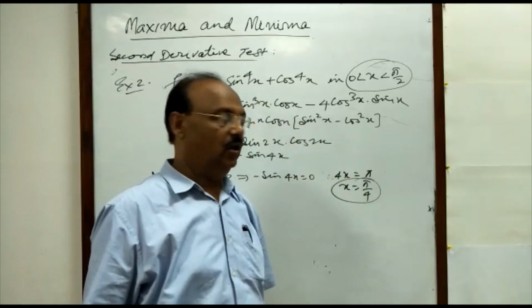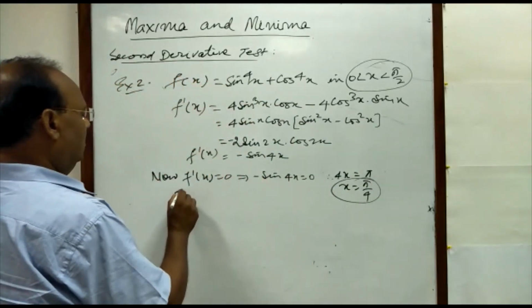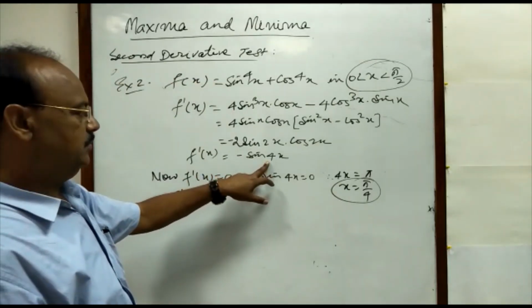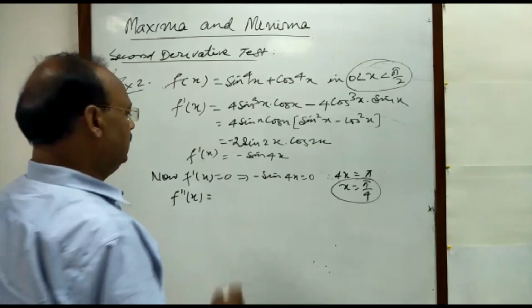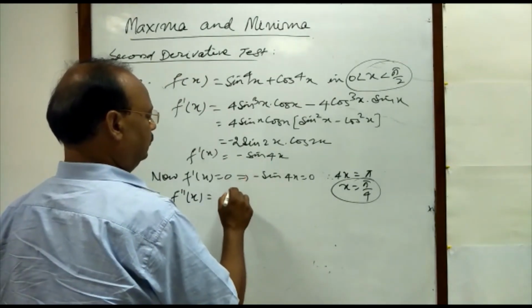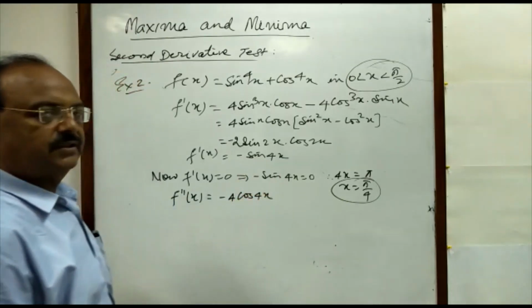Now next step, we will get second derivative of this function. So f double dash x, we have to differentiate it with respect to x. So this will be equal to minus 4 cos of 4x.